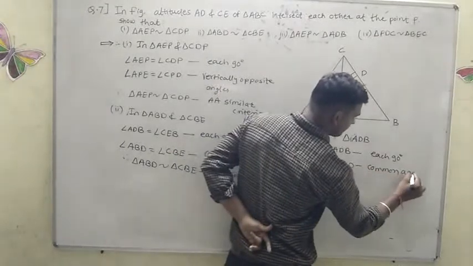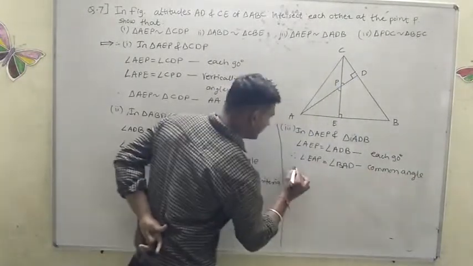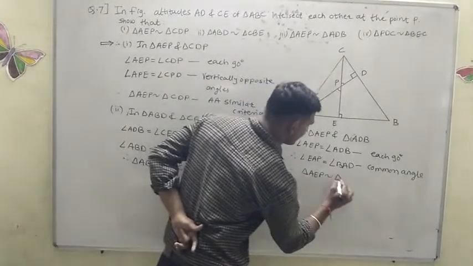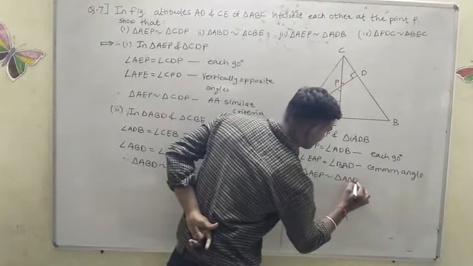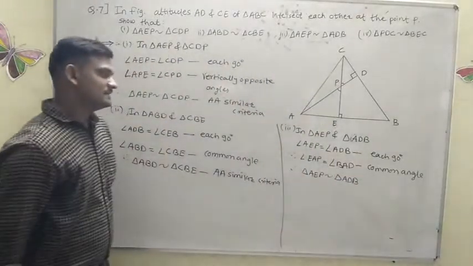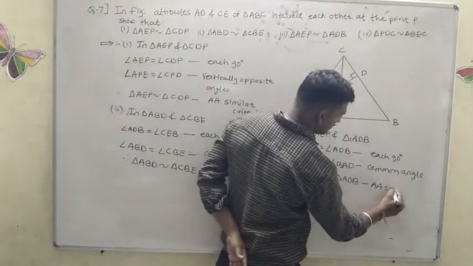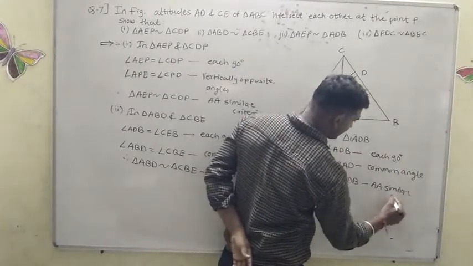The reason is common angle. Therefore, triangle AEP is similar to triangle ADB. What is the reason? The reason is AA similarity criteria.